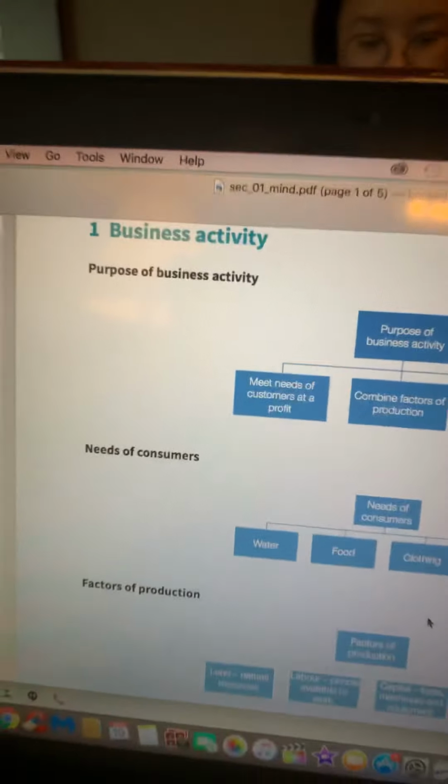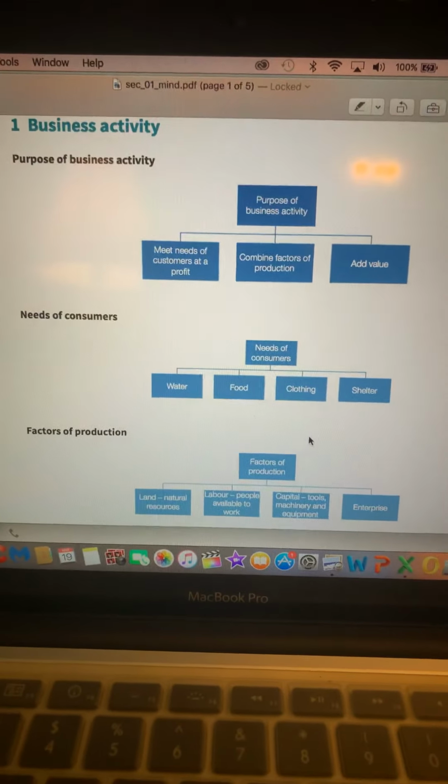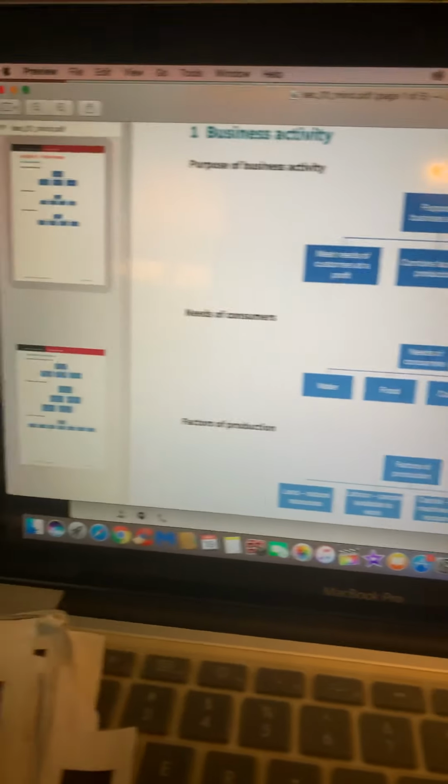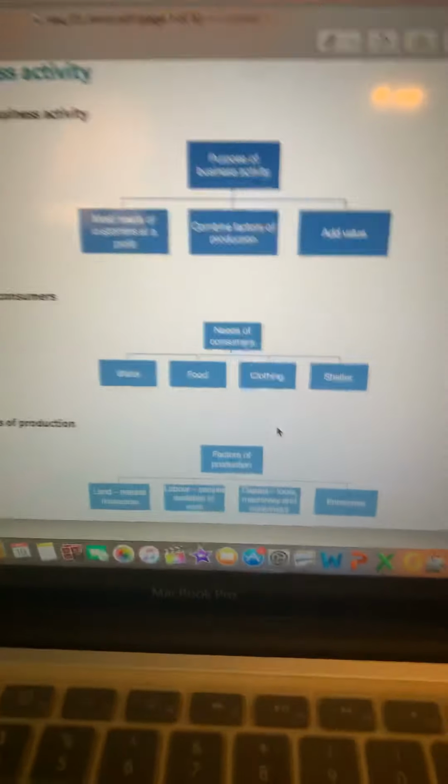We're going to look at the mind map for section 1. If you look at the mind map for section 1, it should look something like this. Business activity, right? I'm just going to keep it like this for a little while so we can show you guys what I'm talking about.